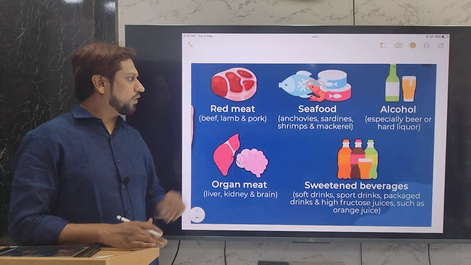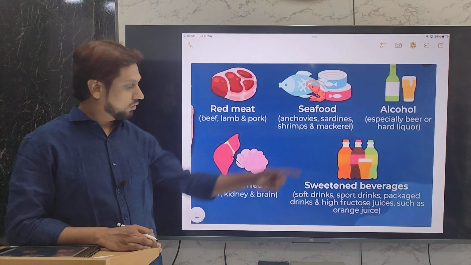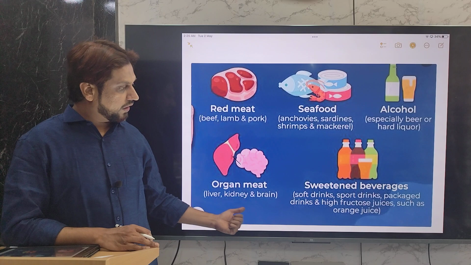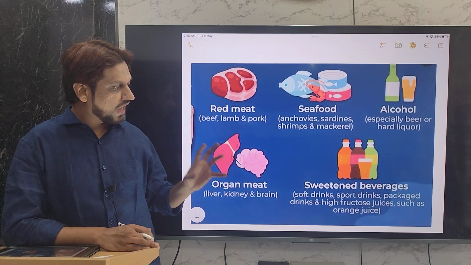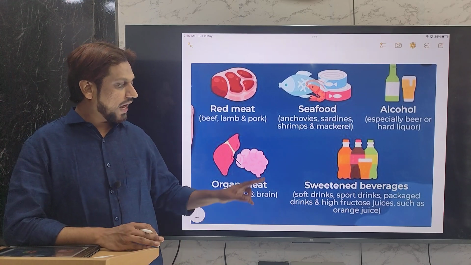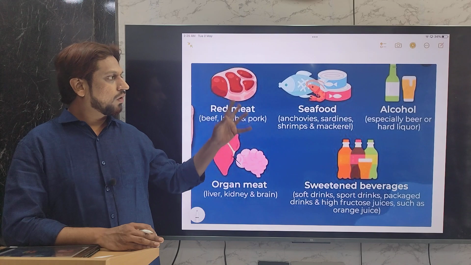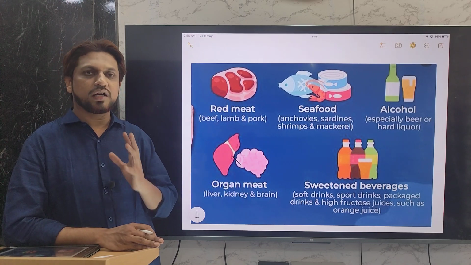Purine-rich food includes red meat, seafood, alcohol, organ meat, and sweetened beverages like soft drinks and sodas, which contain high fructose content. Sweetened packaged food containing fructose also has purines. So this food in the diet has a high content of purines.